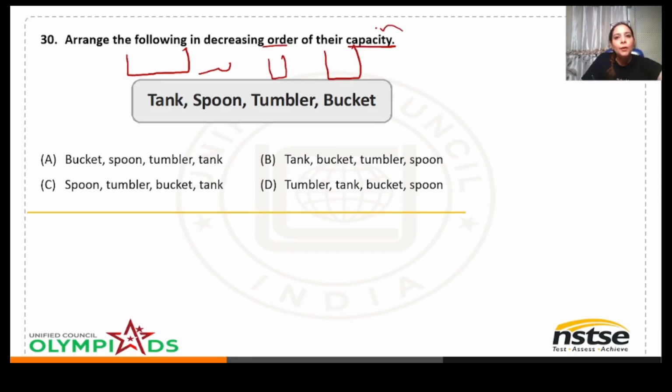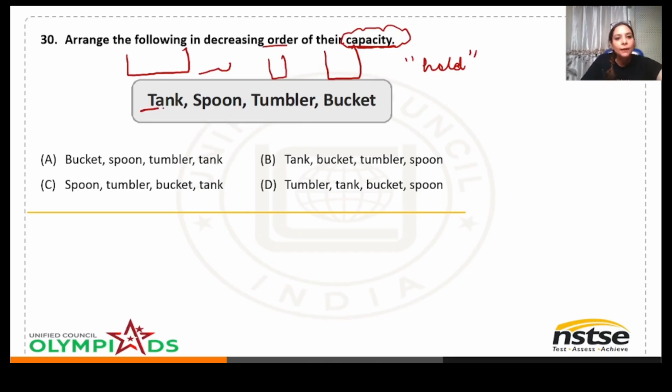Now if I talk about their capacity, what do we mean by it? Capacity means how much substance they can hold in them. Now if we are putting water in them, which out of them is going to hold more water, which has more capacity to hold anything?